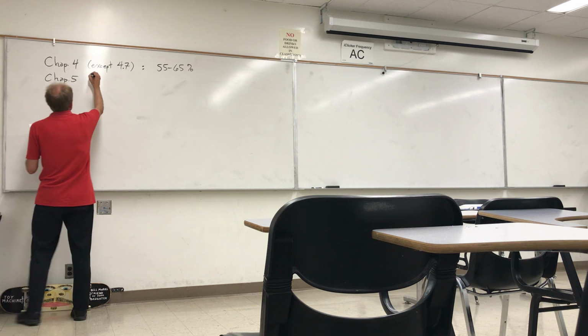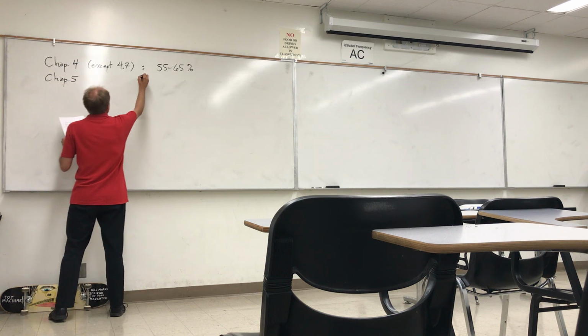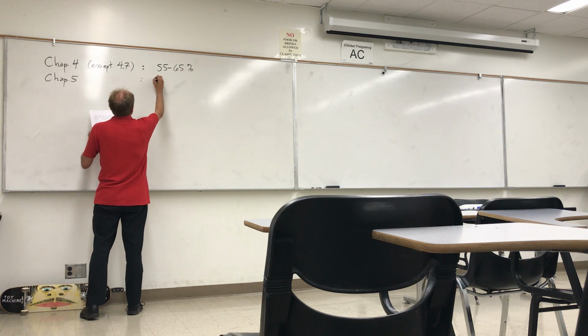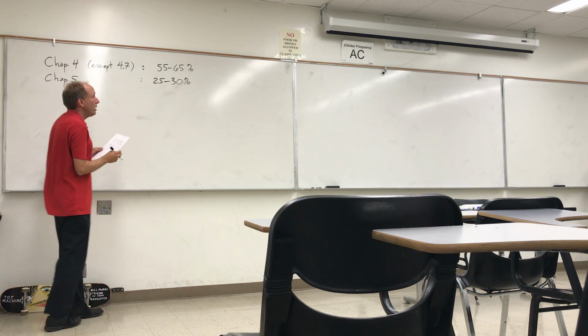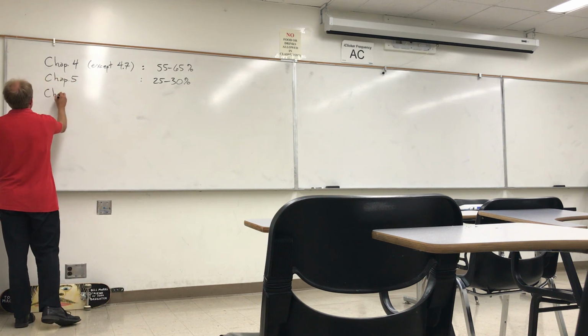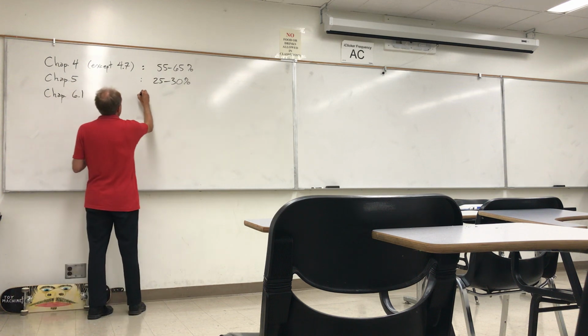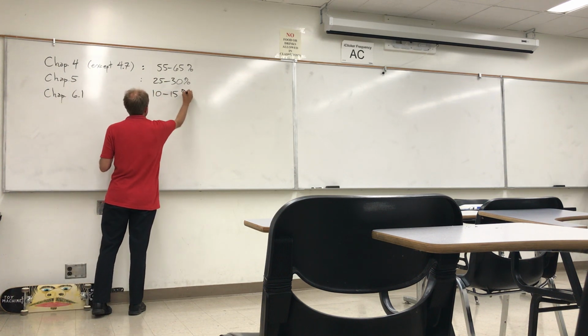Chapter 5, which is much shorter, might only be 25 to 30% of the exam, and then Chapter 6, we're only doing 6.1. That might just be 10 to 15%.